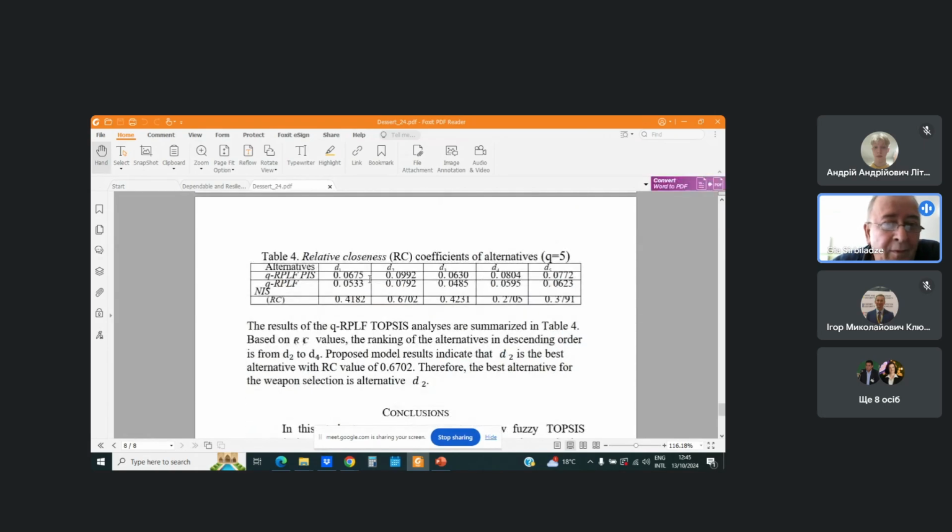Then, going to the next step, we calculate the relative closeness. In this case, Q is 5. We say Q-rank, so the rank of our numbers is 5. So we have relative closeness, such numbers. The biggest has the alternative D2.